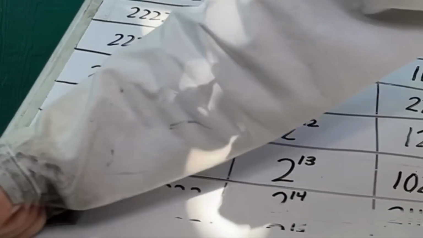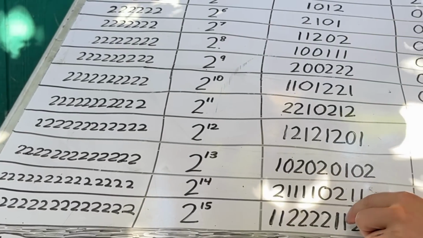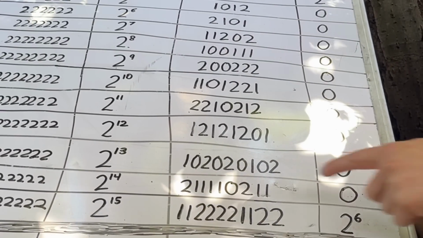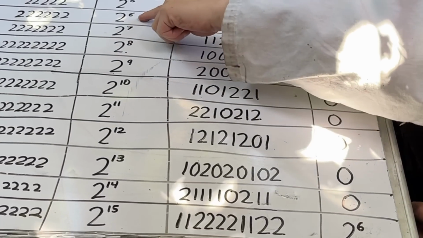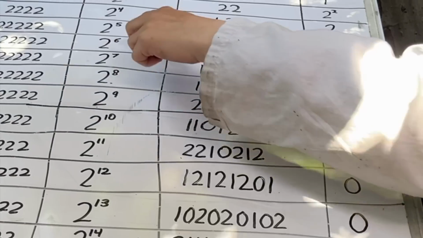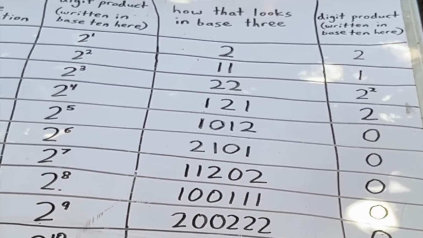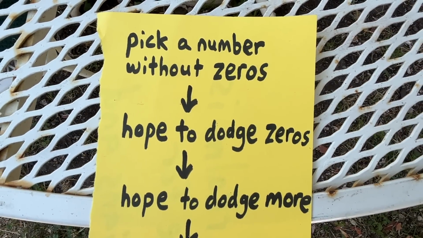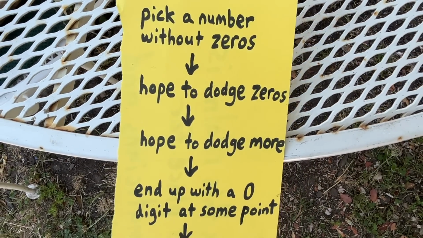You will find one surprising case where 2 to the 15th power doesn't contain any zeros, so a string of 15 2's doesn't go to the fixed point 0 right after the second step. It goes to 2 to the 6th power. However, 2 to the 6th power does then go to 0 after one more step, so that's just another example of multiplicative persistence 3.